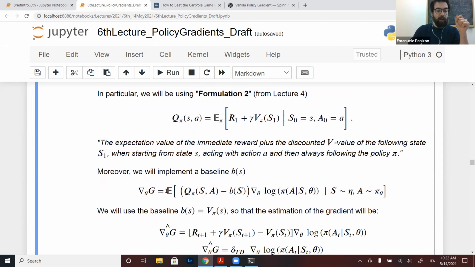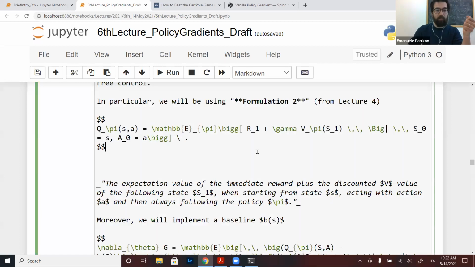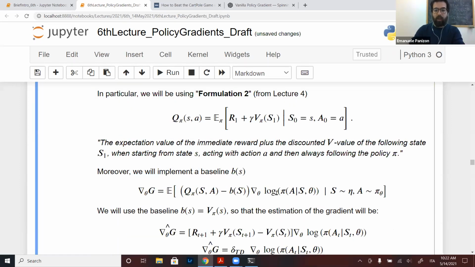Why? It's a very simple calculation. What happens if I'm only considering the expected value of a function of the state and the derivative of the log of the probability? The derivative of the log of the probability is the derivative of the probability divided by the probability.